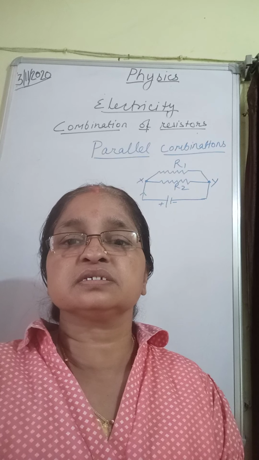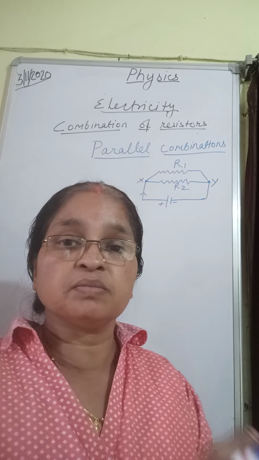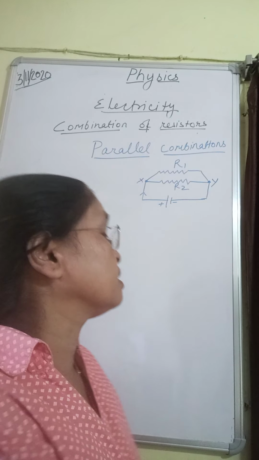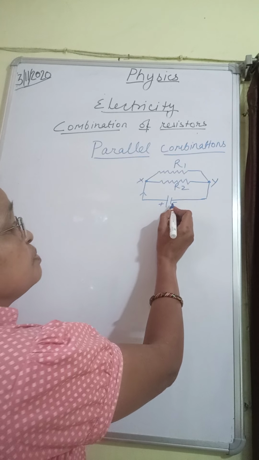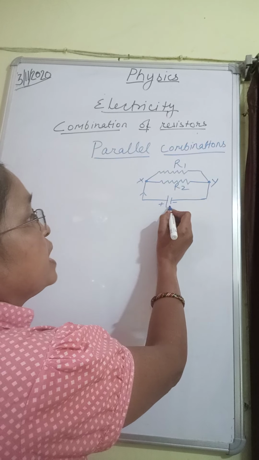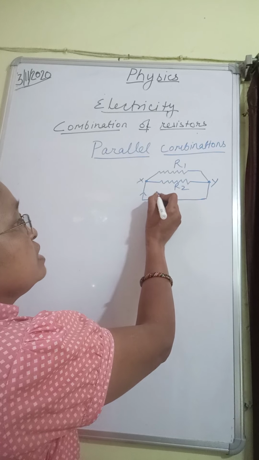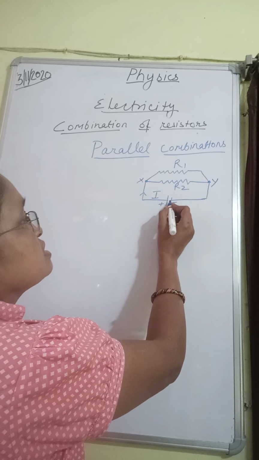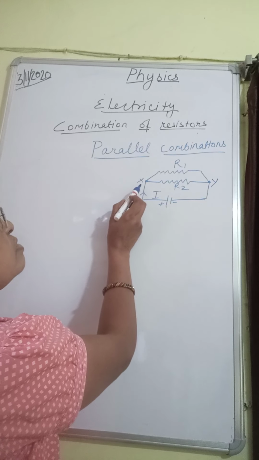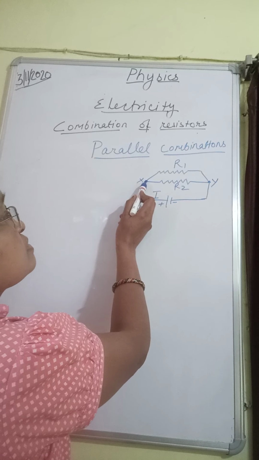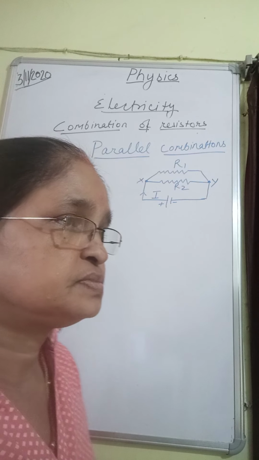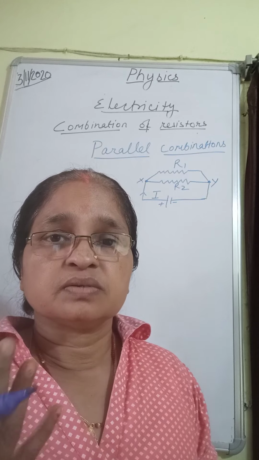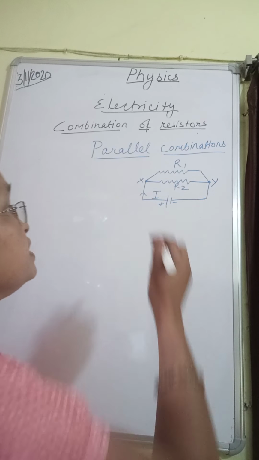Whatever number of resistors there are, when a potential difference is applied, current starts flowing. Suppose current I flows when it comes to the common point X. Then where will this I go?